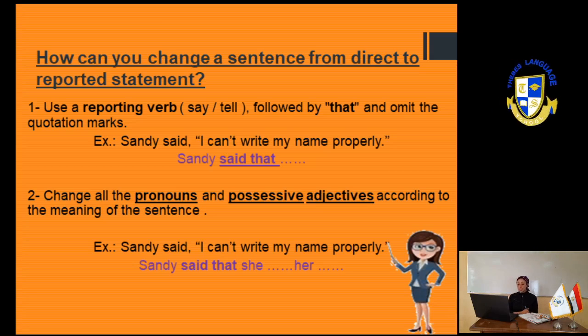So, Sandy said, "I can't write my name properly." This is different than if I say, Sandy said that she can't write her name properly. Of course, we're not going to use my, because here we changed the personal pronoun, so of course we are going to change the possessive, and here instead of my we are going to put her.